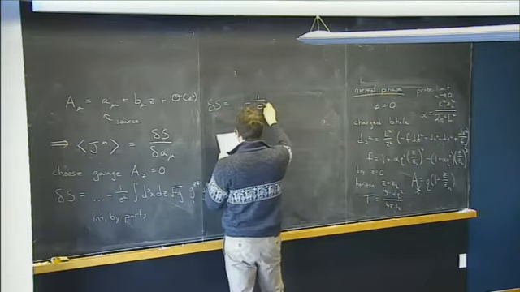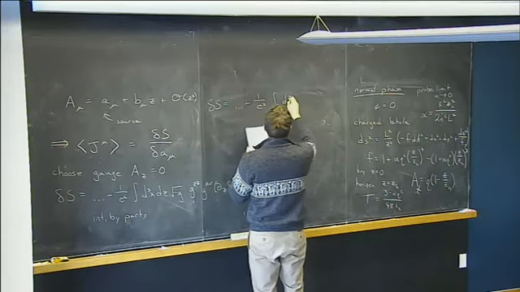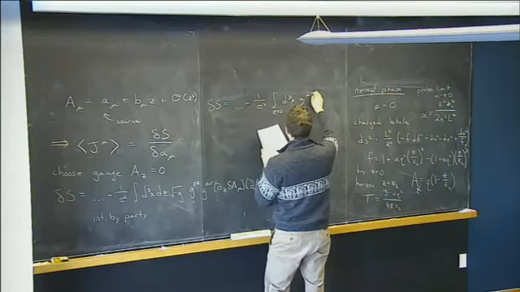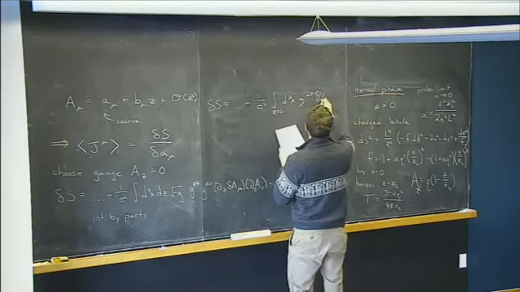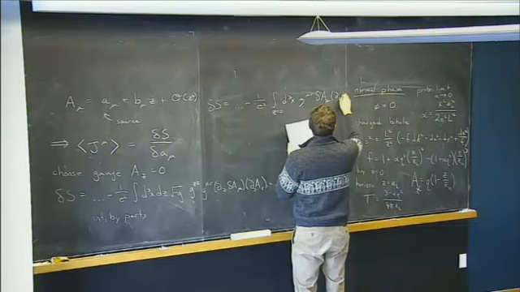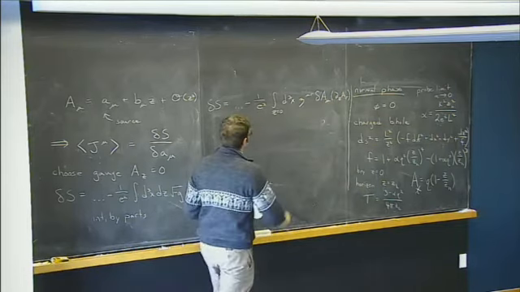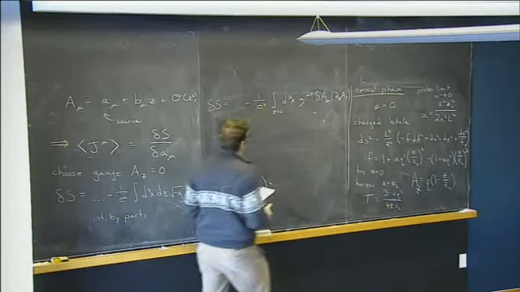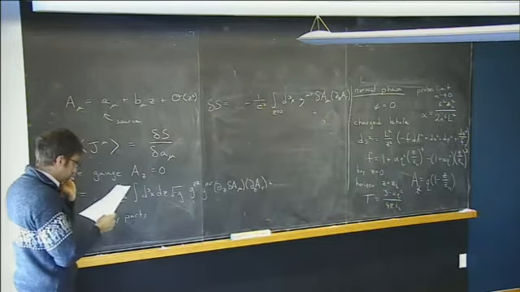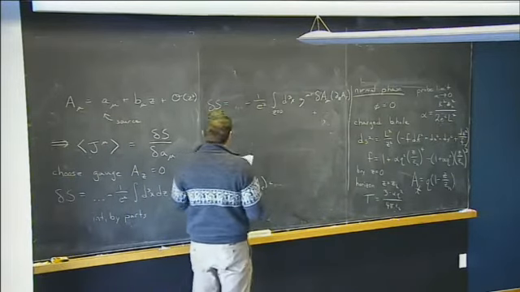I'm trying to be careful about signs, but I think ultimately I've failed. d^3x eta^mu nu, delta A_mu, dz A_nu, plus other terms that I don't really care about for the purposes of this computation. So the bulk term again cancels by the equation of motion.